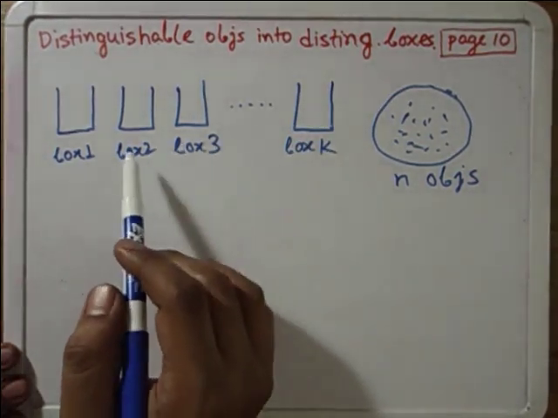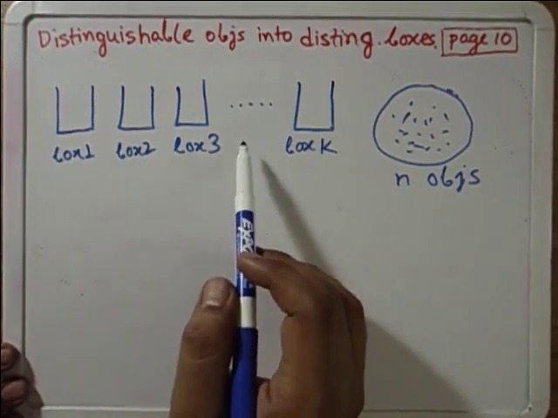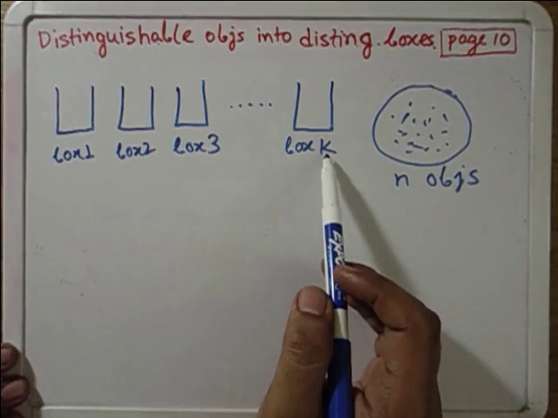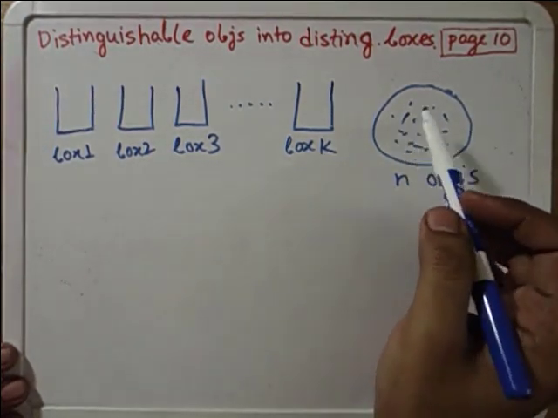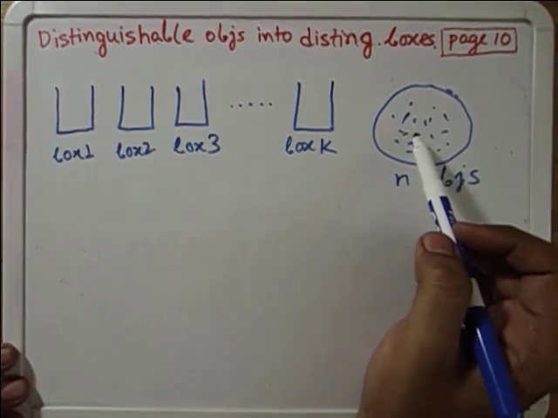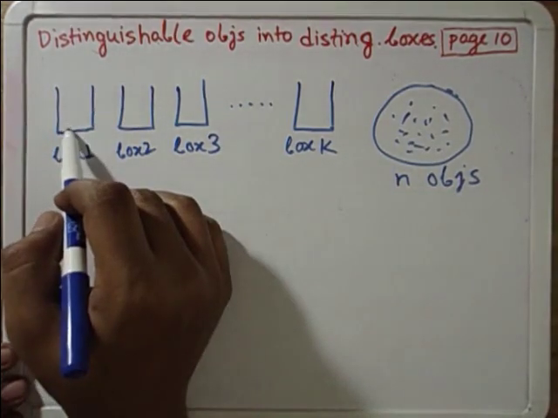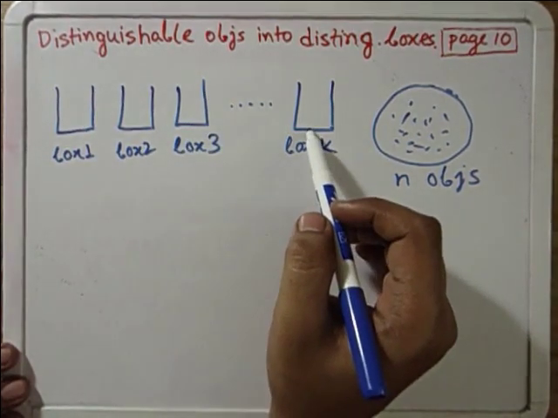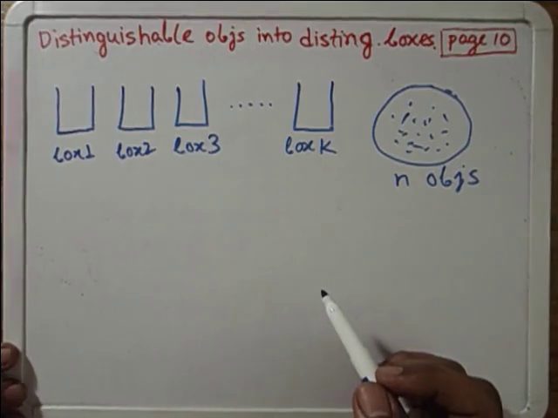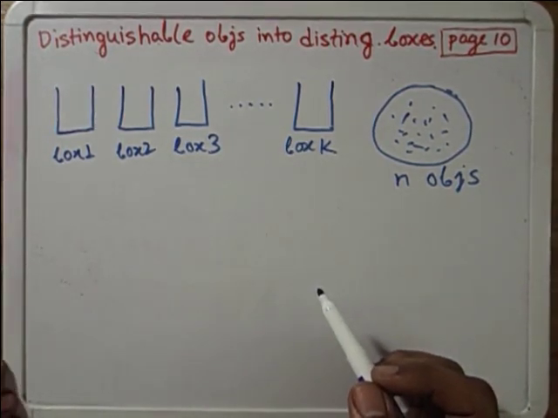You have k boxes, they are all different: box 1, box 2, box 3, up to box k. And you have n objects here, they are also all different. And we are trying to put n1 objects here, n2 objects here, n3 objects here, nk objects here, and asking the question how many different ways we can do that.